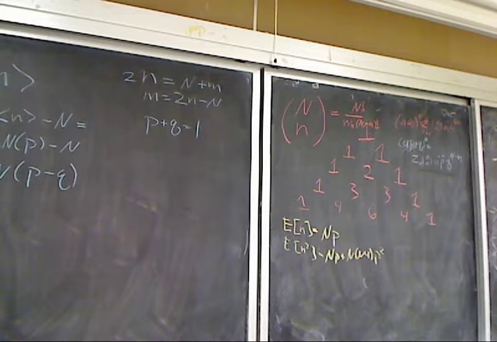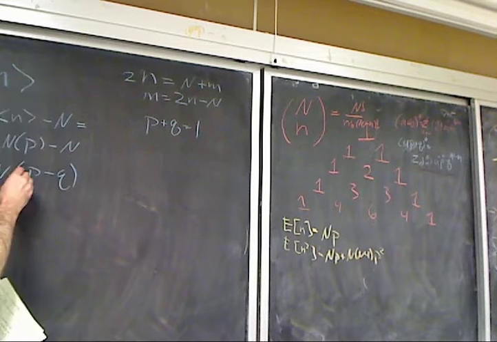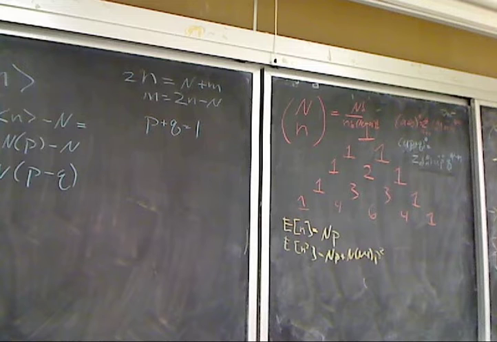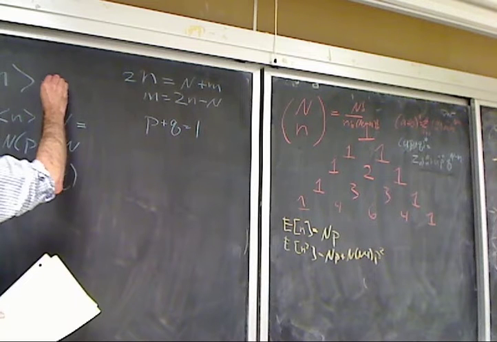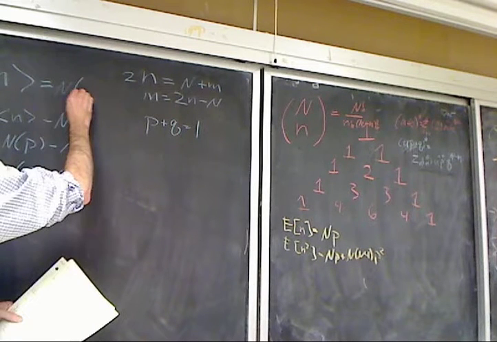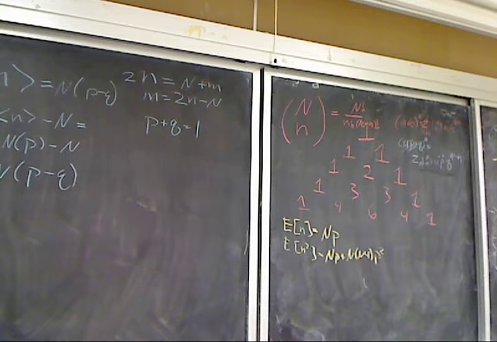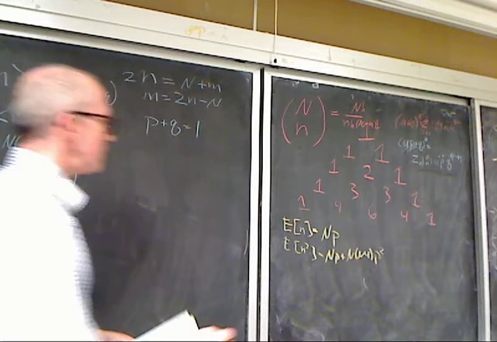So the net difference is the number of steps times the difference in the probabilities of going to the left or going to the right. We'll need this in a second.